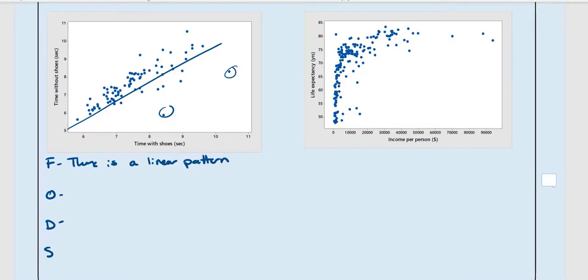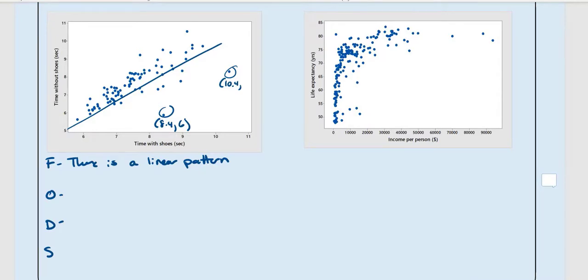And for O, those are outliers, and it looks like there seems to be an outlier around here and maybe even over here. For the outliers, I would say this is at 8.4, 6, and this one over here is at 10.4, 8.2.